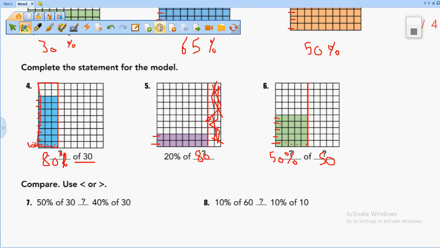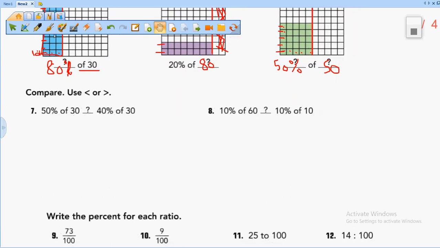Okay, boys? Now, if we want to compare using less than, greater than, or equal, using inequalities, 50% of 30. Look here, if I want to find the value of a percentage of any number, I have two ways to explain how to compare or how to find the value of the percentage.